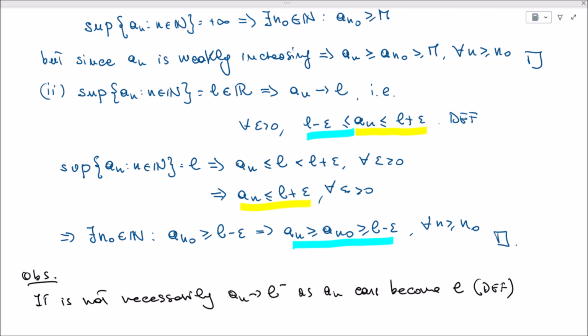So we cannot say that the sequence converges to the limit L from the left, to L minus, because this would exclude the fact that an will become steadily equal to L. But this is indeed possible, so we cannot say that an tends to L minus.